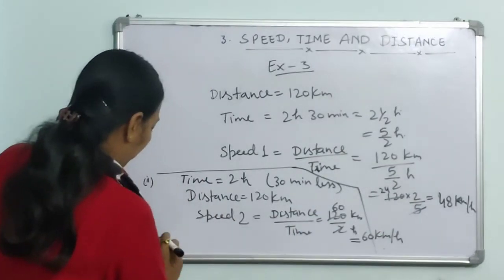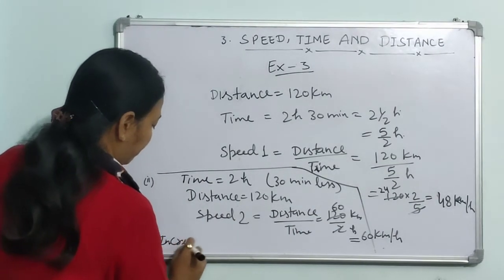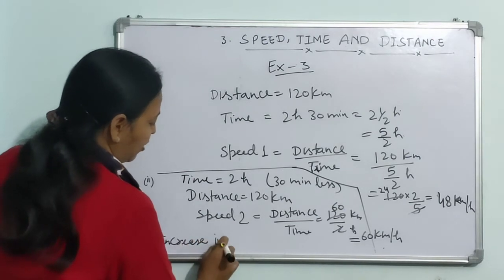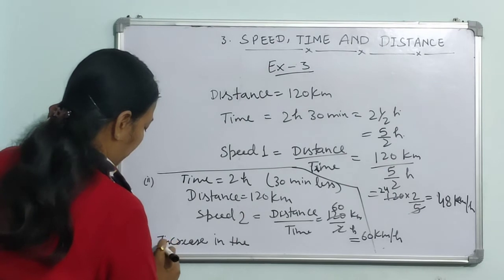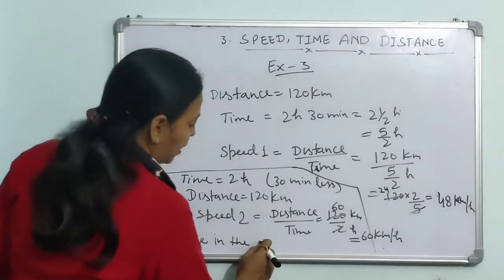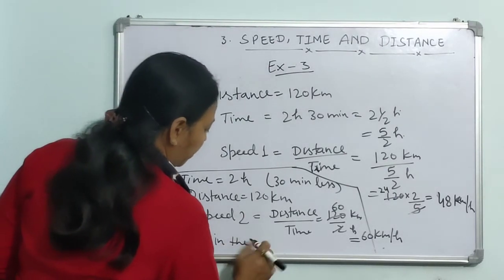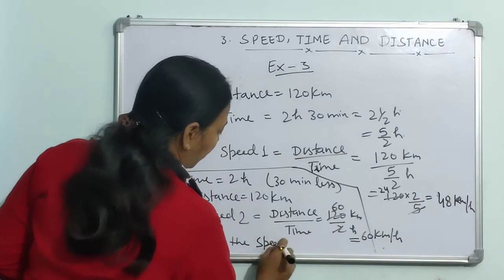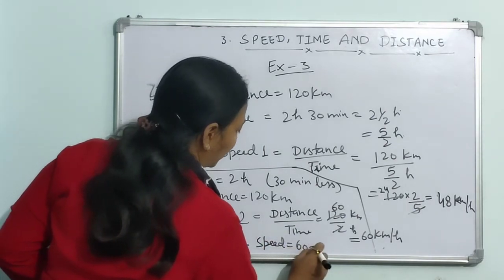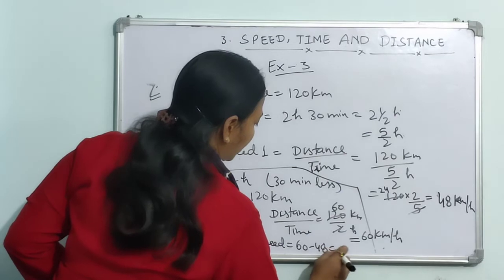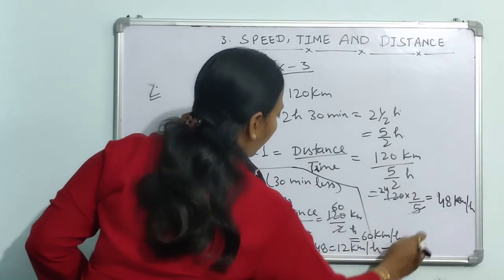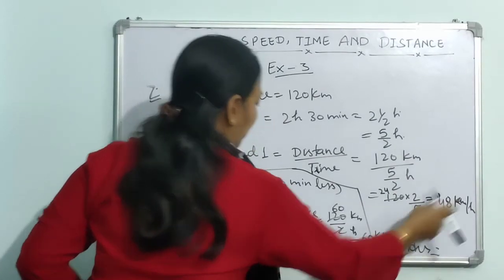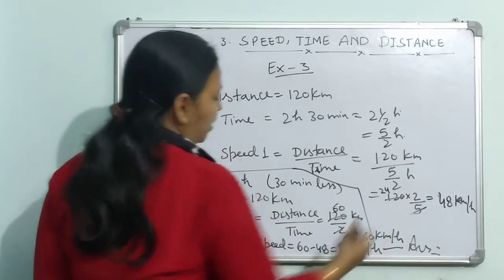Now the answer, increase in the speed is equal to 60 minus 48. That is 12 kilometer per hour. This is your answer. What is the increase in the speed? 12 kilometer per hour.